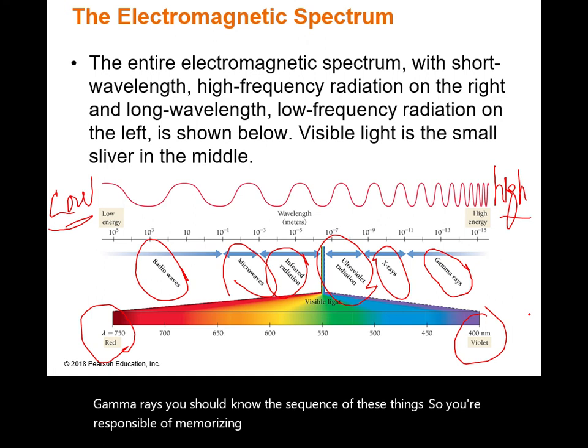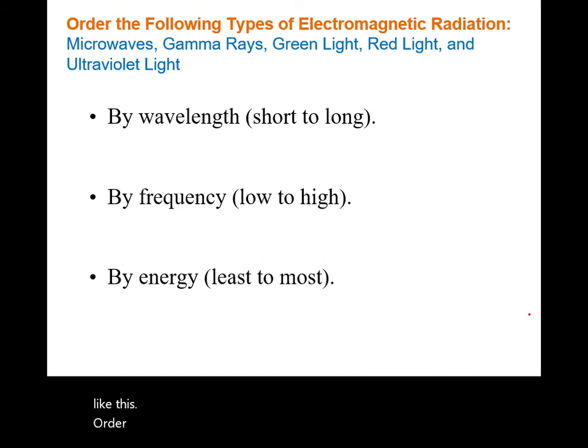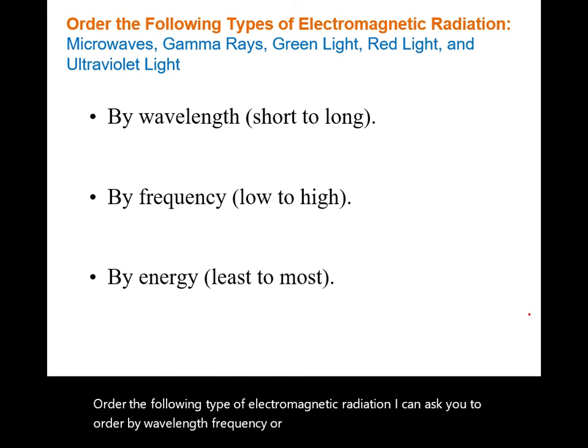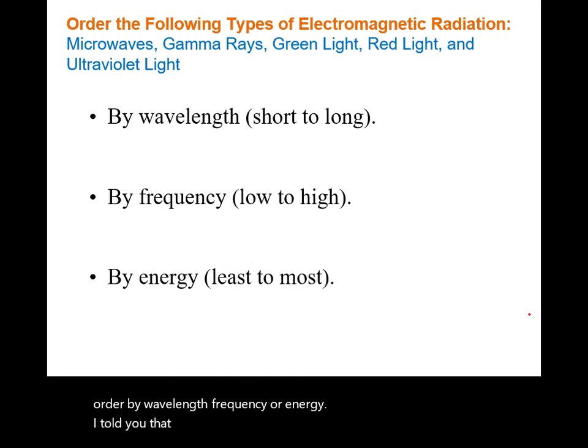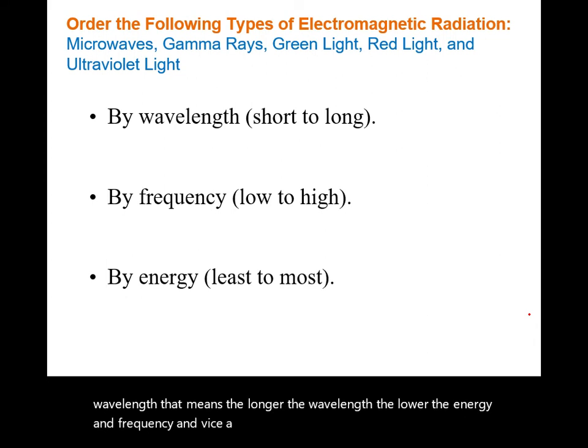So I can ask you a question like this. Order the following types of electromagnetic radiation. I can ask you to order them by wavelength, frequency, or energy. I told you that frequency and energy are inversely proportional to the wavelength. That means the longer the wavelength, the lower the energy and frequency, and vice versa. So if I want to order them by wavelength, that means the short wavelength is going to be high energy.